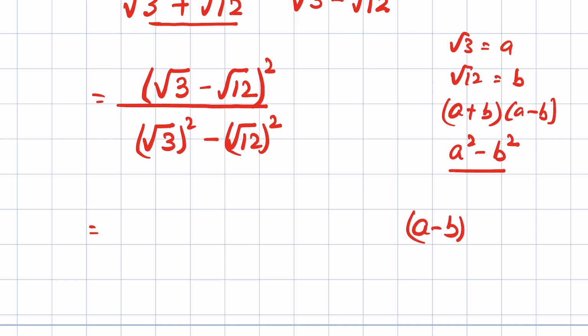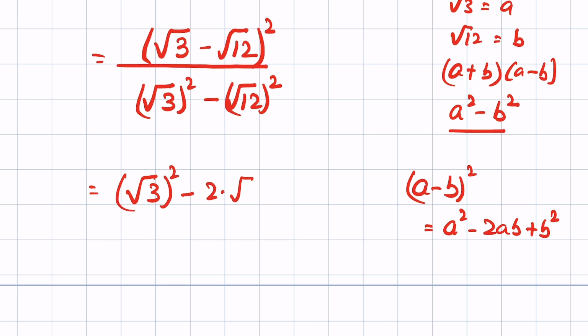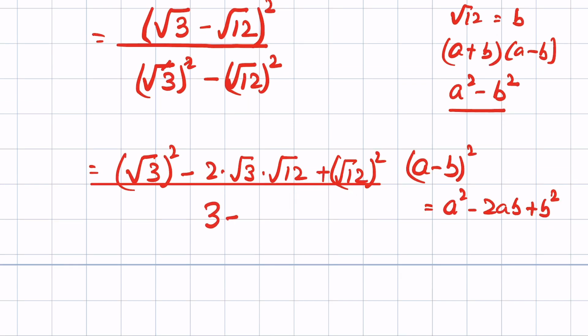Now a minus b whole square, the expansion for this is a square minus 2ab plus b square. So this will be square root of 3 square minus 2 times square root of 3 times square root of 12 plus square root of 12 square upon, we can remove the square root with the square, so it will be 3 minus 12.